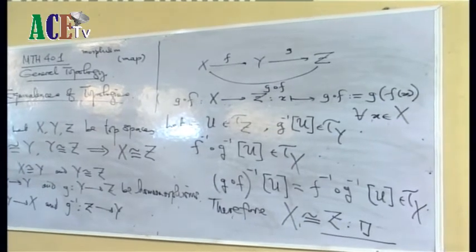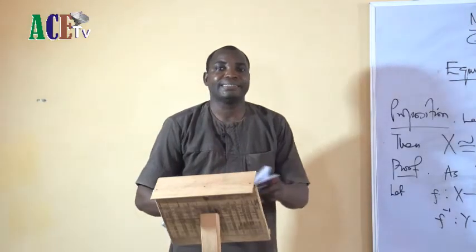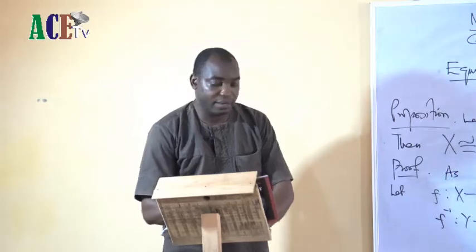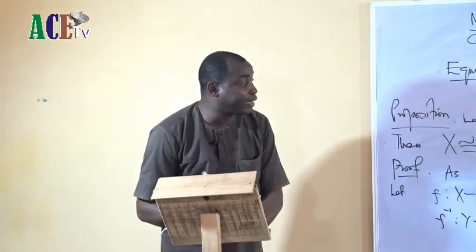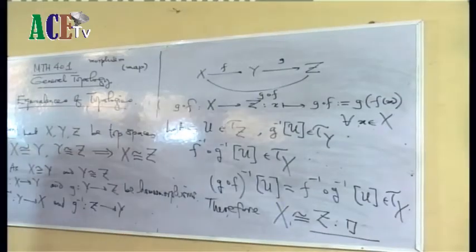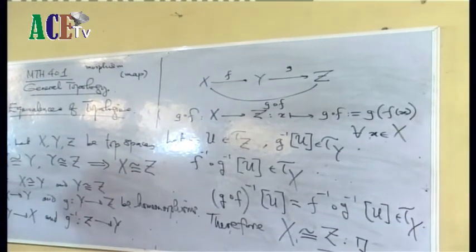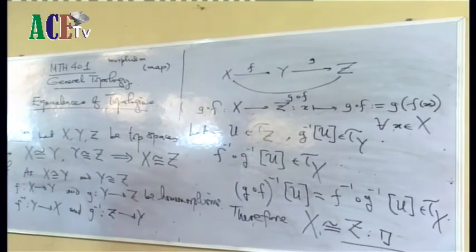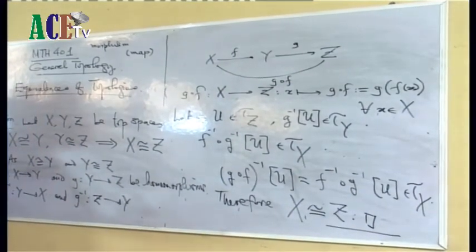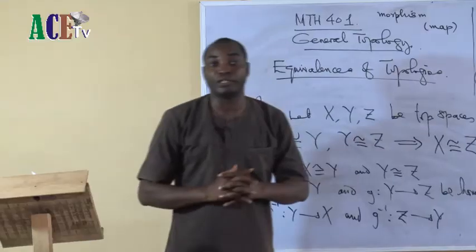So, since we have been able to draw a conclusion that this equivalence relation, which we call the homeomorphism of two sets, is reflexive, is symmetric, and lastly, is also transitive, we can make a general conclusion that the homeomorphism is actually an equivalence relation.